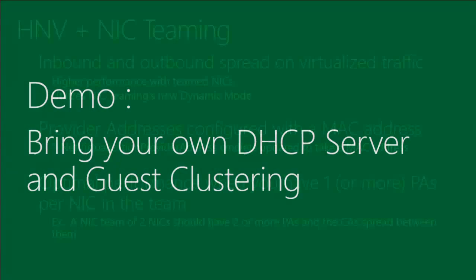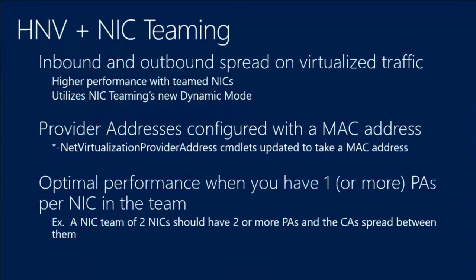Let's move back to the presentation. So the other enhancement we made in R2 is support of NIC teaming. Basically, let me put it this way: we make the support much better.